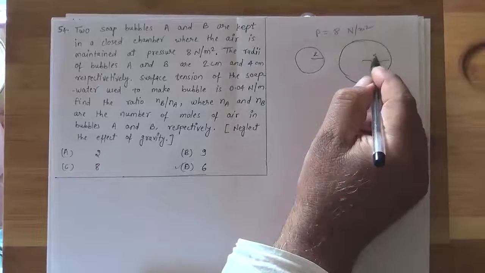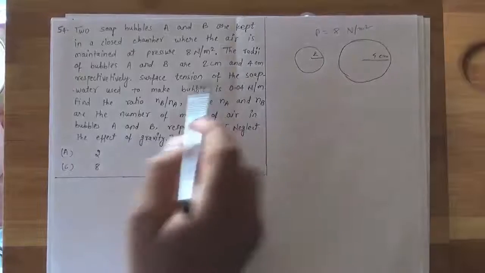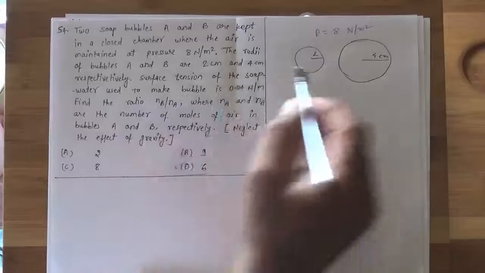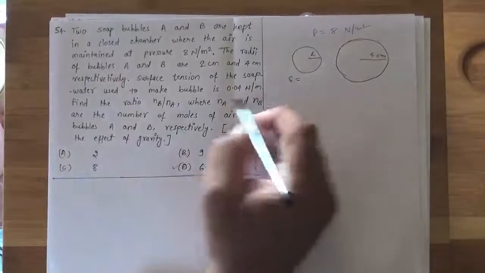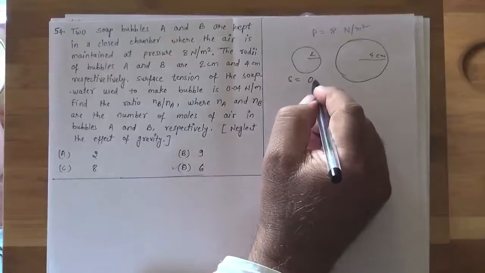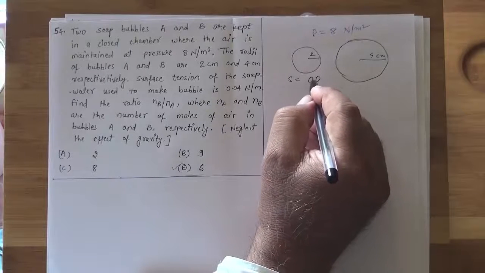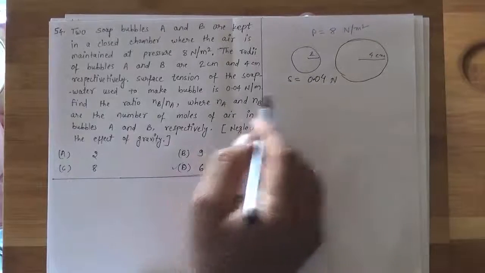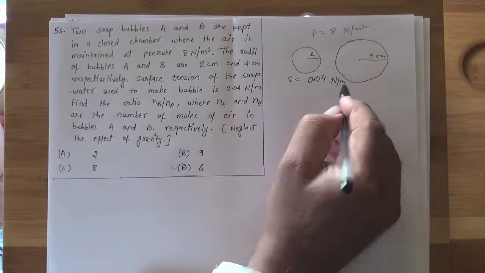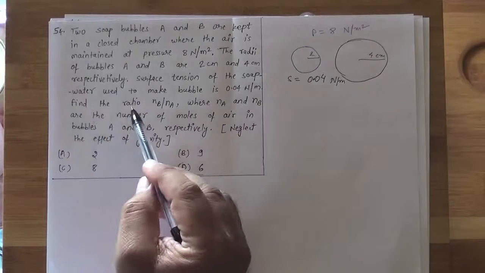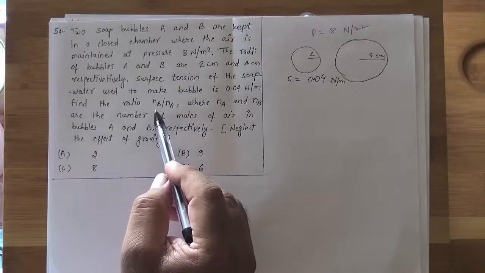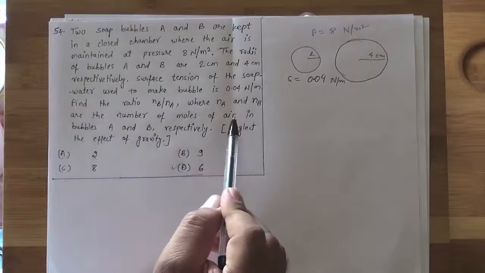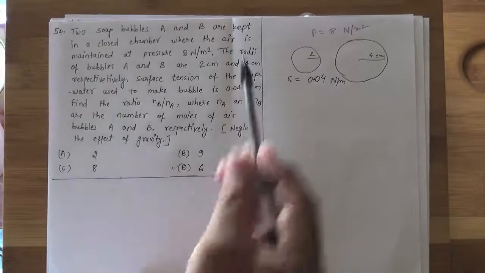Surface tension S of the soap water used is 0.04 Newton per meter. Find the ratio NB upon NA, where NA and NB are the number of moles of air in bubble A and B.